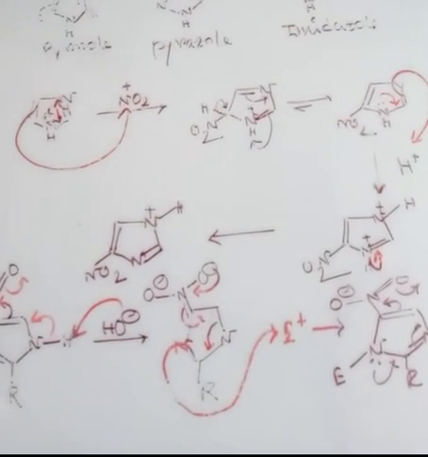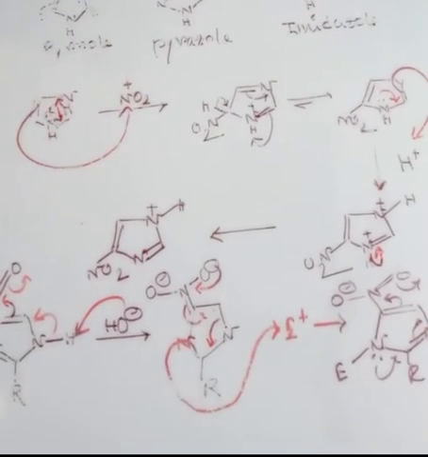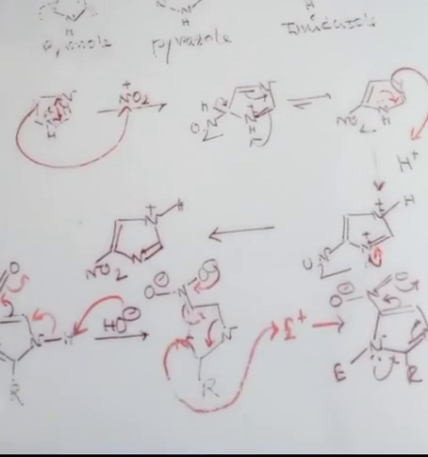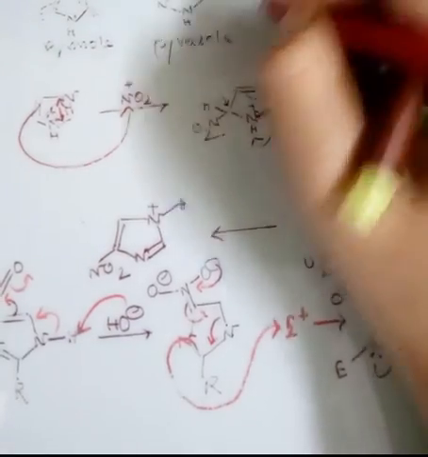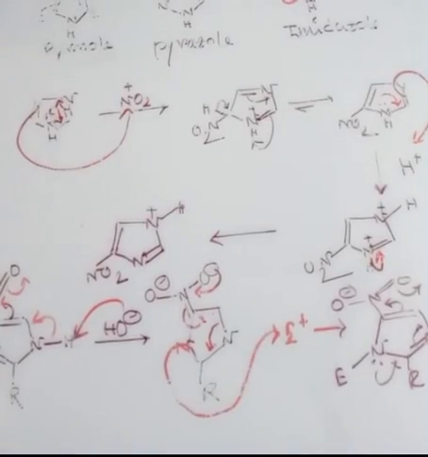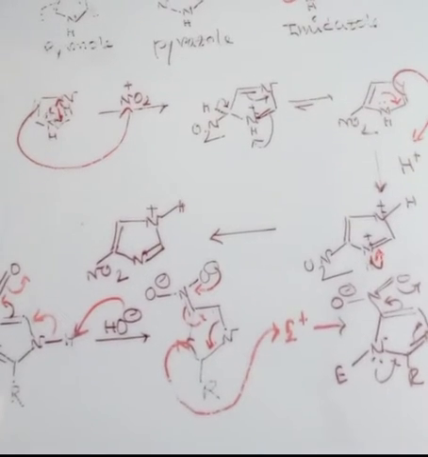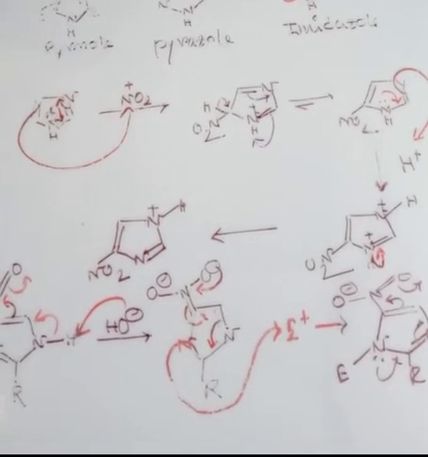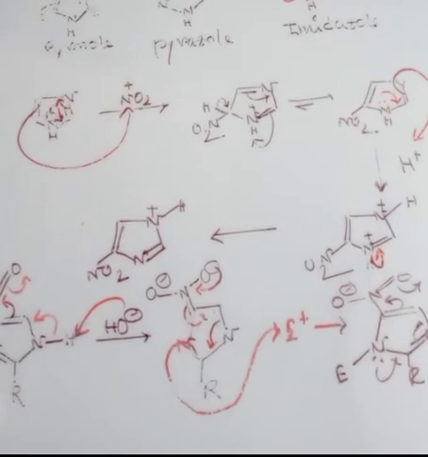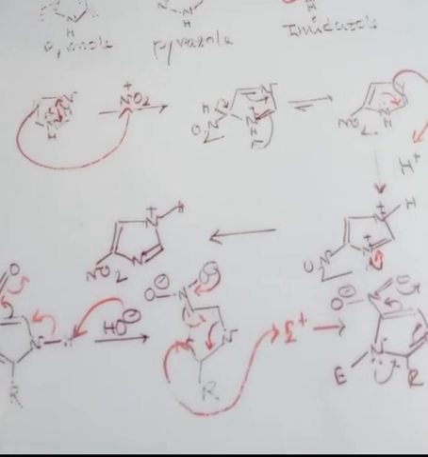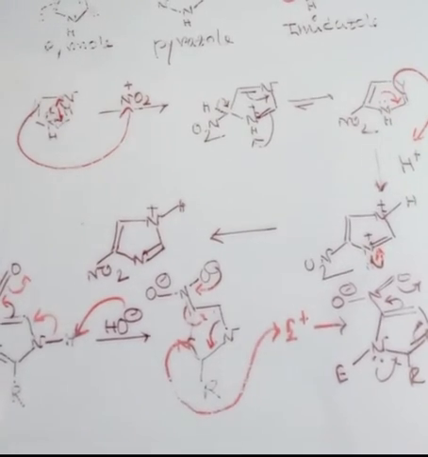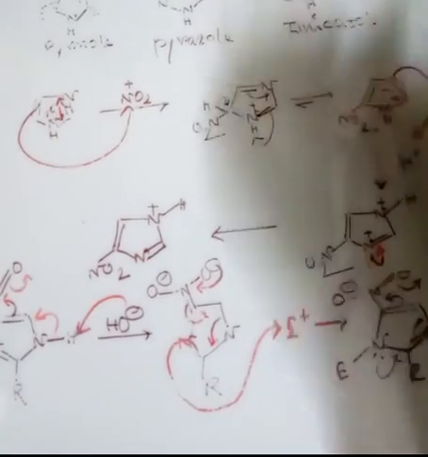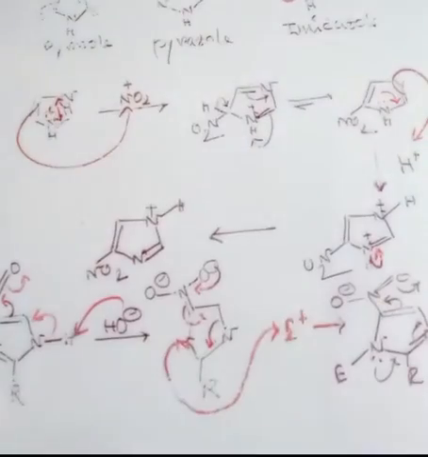So if electrophile is added, it will be added at the C5 position of imidazole. If we add acid, then the basic center is this nitrogen and proton will be added at that nitrogen.